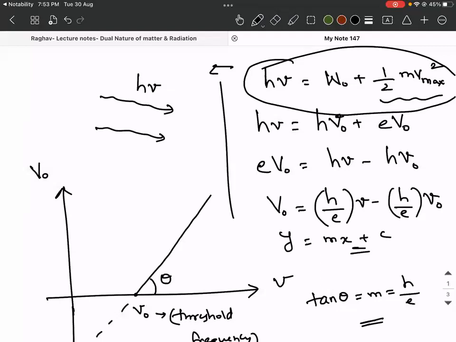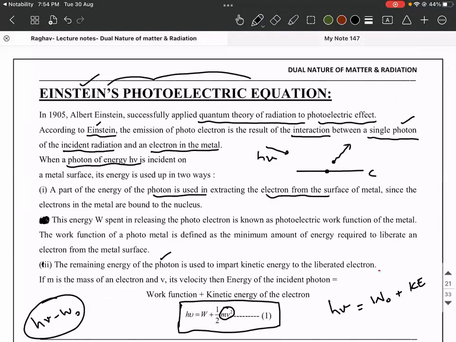It doesn't stop with the electron having escaped. The escaped electron is supposed to have maximum kinetic energy so that it is not pulled back by the nucleus. So the equation says the energy of each photon is utilized to overcome the work function and provide maximum kinetic energy to the photoelectron. Is that point clear?